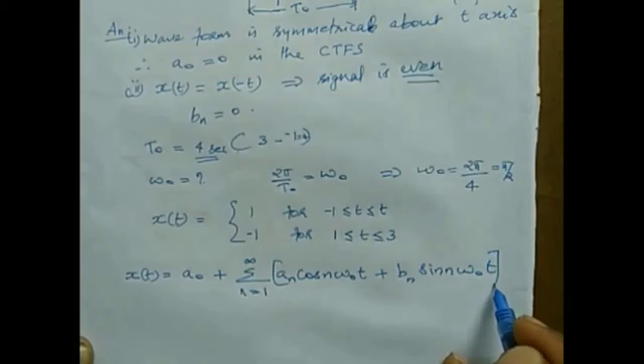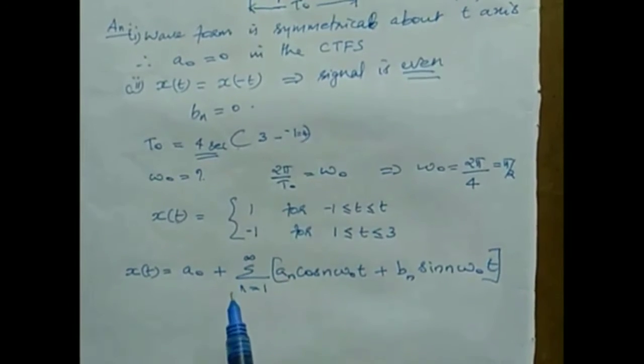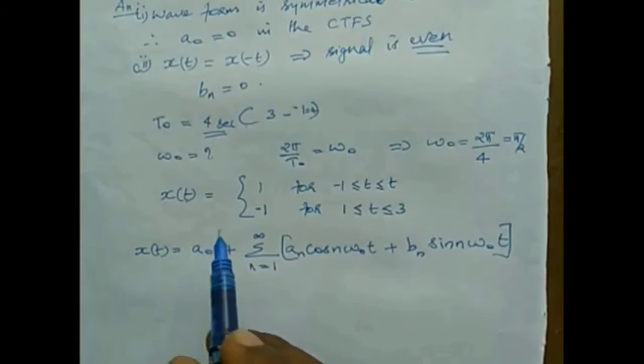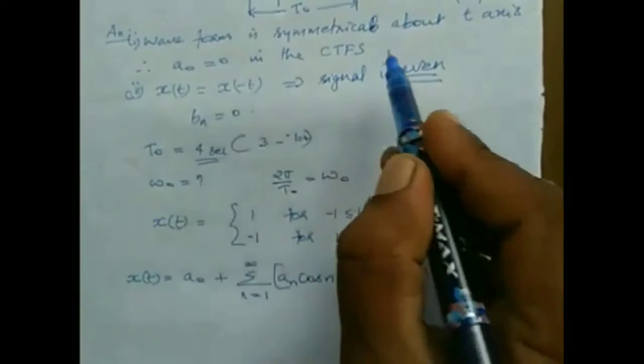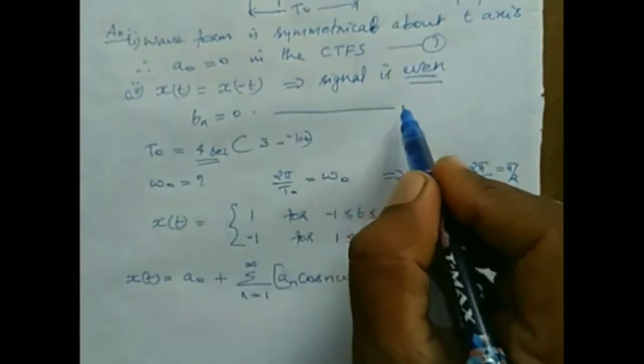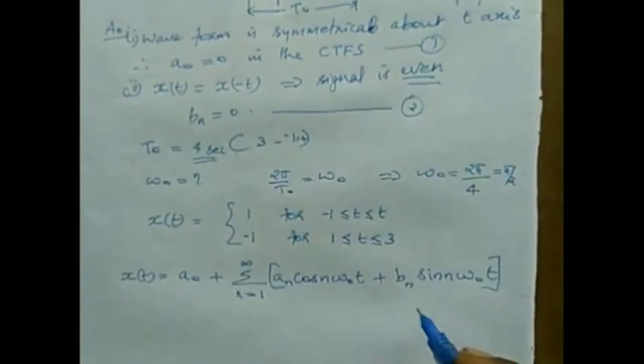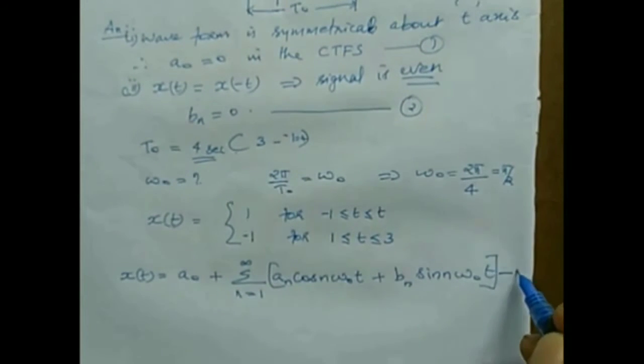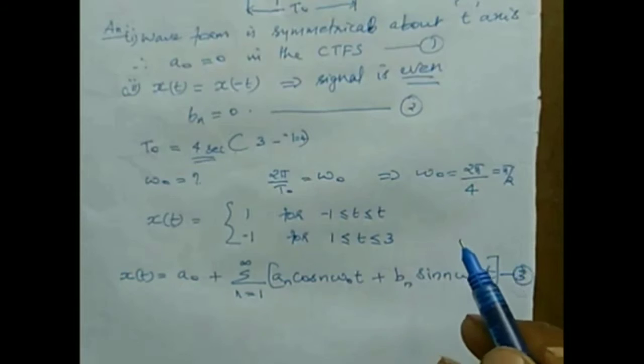This is the basic equation for the continuous time Fourier series. In this case, a0 is equal to 0, it's equation number 1, and bn is equal to 0, equation number 2, and this one is equation number 3.